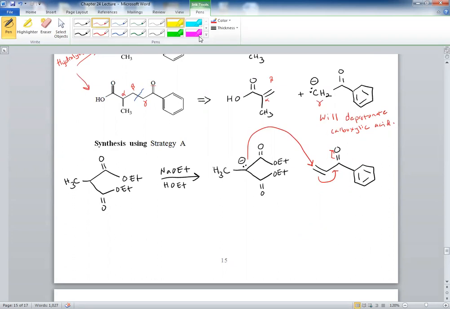So again, I like the highlighting. That way I can see what I did here. Or you know what? Sorry, we use a different color for highlighting. Let's use a green for that.